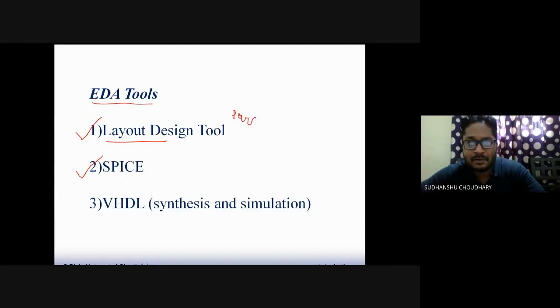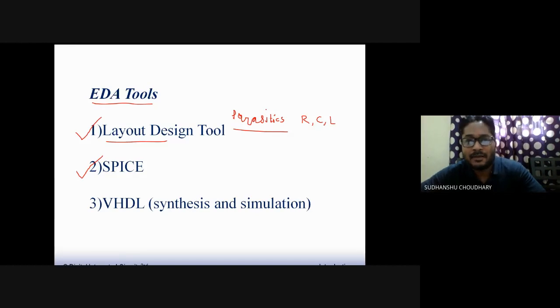Maybe I'm using a mouse, so maybe I'm not able to write that properly, but yes, I think it is visible. So from the layout, you will extract the parasitics. These parasitics normally are resistances, capacitances, or inductances, right?